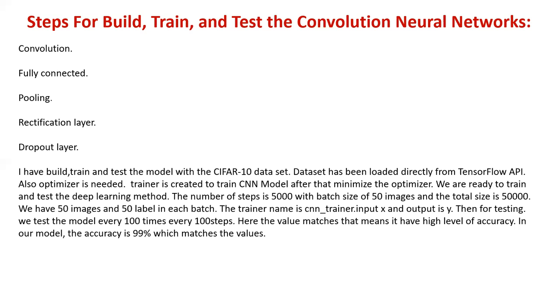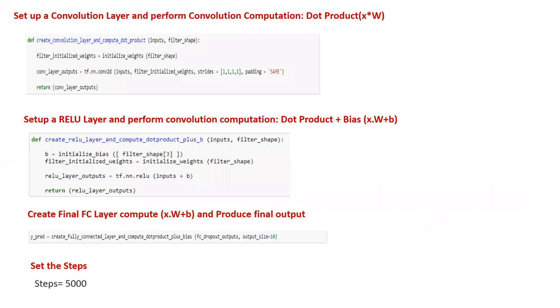So different steps, convolution, fully connected, pooling, rectification layer, dropout layer, all those are different steps to build and train the convolutional neural network. So the first step is to set up a convolution layer and perform convolutional computation.